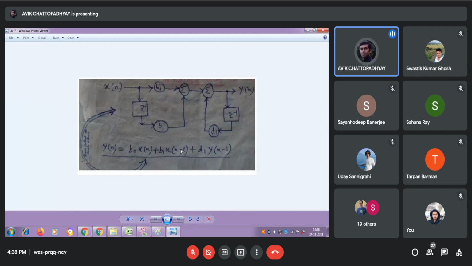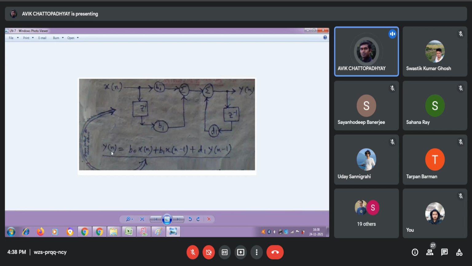So yn is simply b0 xn, as simple as this, because nothing is being stored, so as if you are getting 0 everywhere. Whatever xn you feed is multiplied and follows this path directly to the output, so yn equals b0 xn.